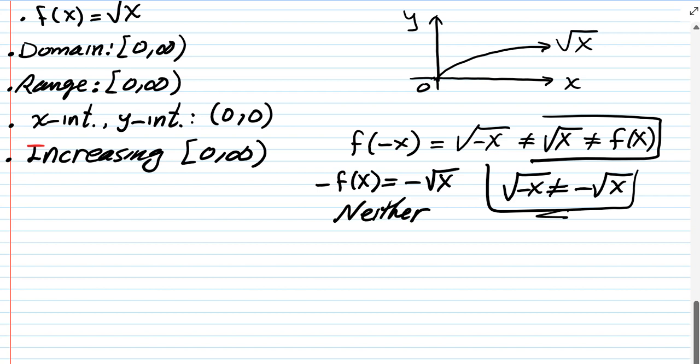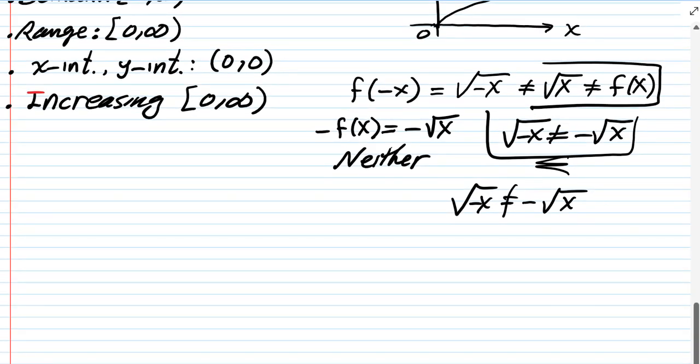And by the way, some of you may say, well, no, that's not right. Square root of negative x, I can bring negative outside and it becomes that, right? Well, nope, we can't do that. You're not allowed to. Part of the reason is this: when you look at negative x, I can write it as negative 1 times x, right? And this one would be square root of negative 1 times square root of x.